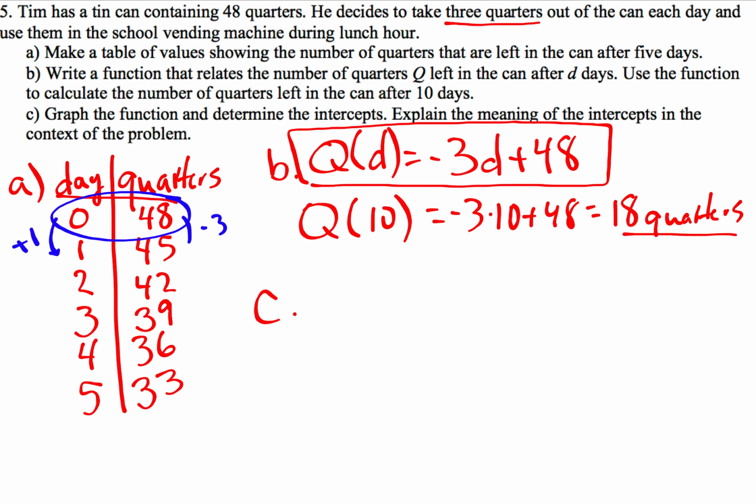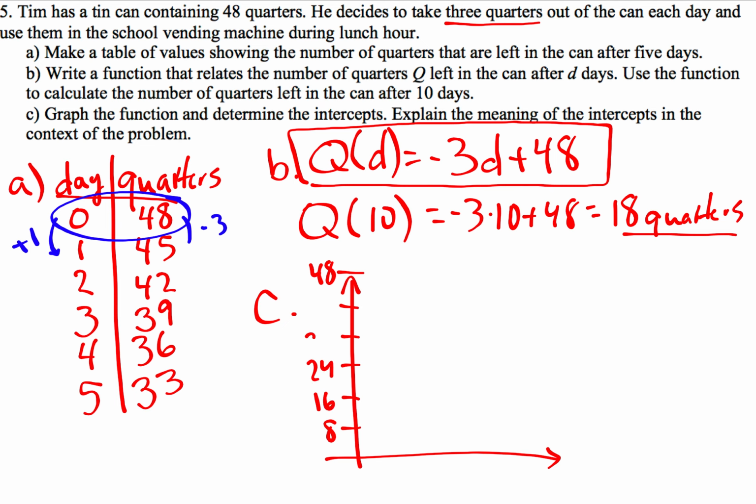Okay, part C. Graph the function and determine the intercepts. Explain the meaning of the intercepts in the context of the problem. All right, to graph this function, we start with 48 quarters, so maybe I'll count by 8s here. This is 8, 16, 24, 32, 40, and 48.